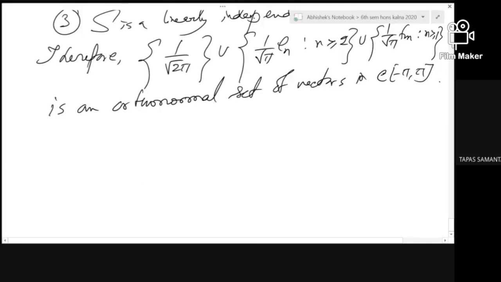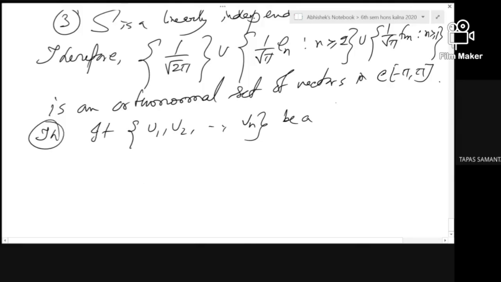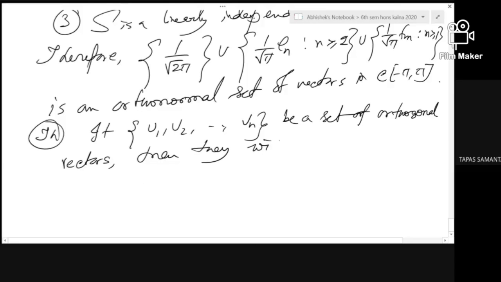So I'd like to stop by proving just one observation. The theorem is that if v1, v2, vn is a set of orthogonal vectors, then they will be linearly independent.